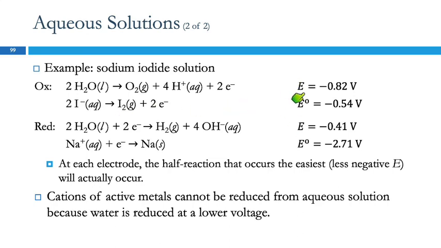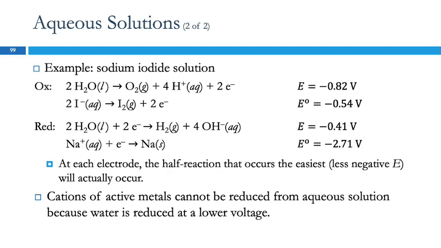This is the potential for the oxidation of water in actual water, not at standard conditions, negative 0.82. And the standard potential for the iodide is negative 0.54. For reduction, we could reduce the water, that'd be negative 0.41, or we could reduce the sodium. That's going to be negative 2.71.